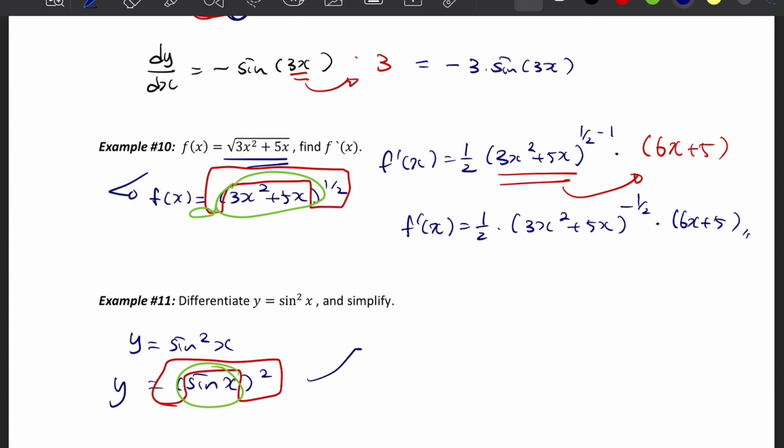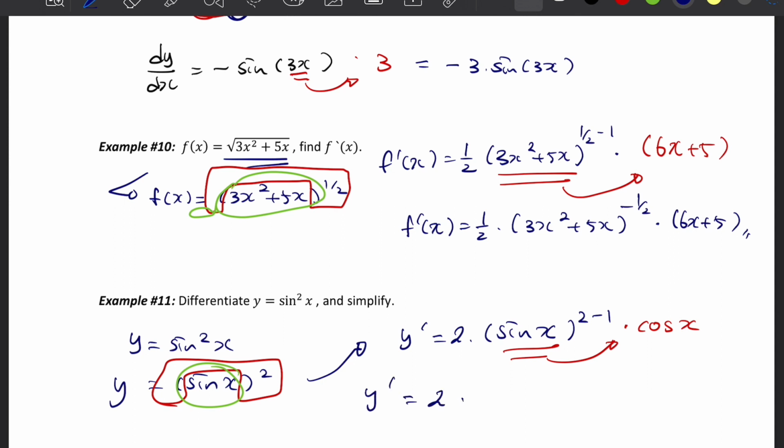Then y prime is equal to 2 times (sine x) to the power of 2 minus 1, and we take the inside and differentiate it. When you differentiate sine x, it becomes cosine x. Then we have y prime equals 2 times sine x times cosine x, which is a double angle formula, so we can simplify it into sine 2x.